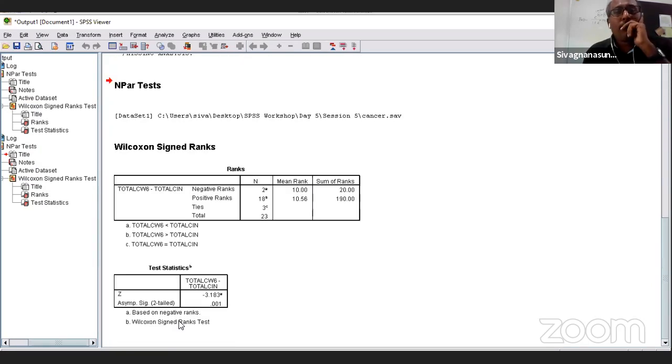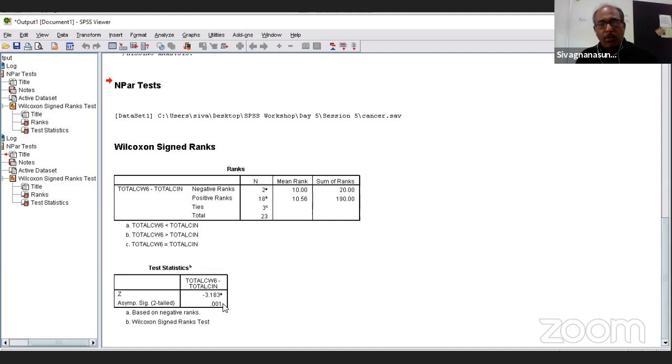So the null hypothesis is there is no difference in the condition between the periods that are compared, initial and final in this case. So what happens? Your null is getting rejected. It is less than 0.05.